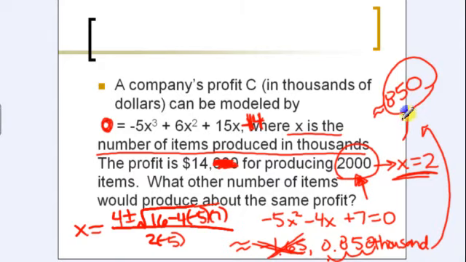Versus a smaller amount, you can usually charge more per item if the demand is there, and thus make a higher profit. So we can use functions like this for companies to determine, to maximize their profit, how many items they want to produce.